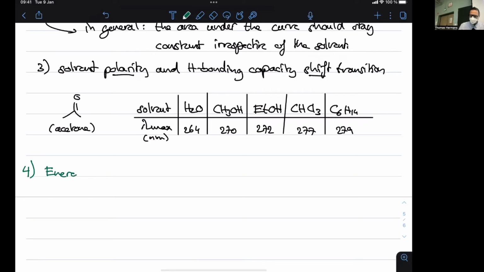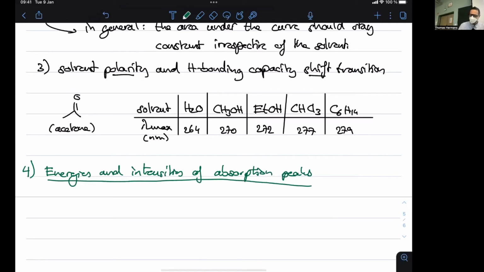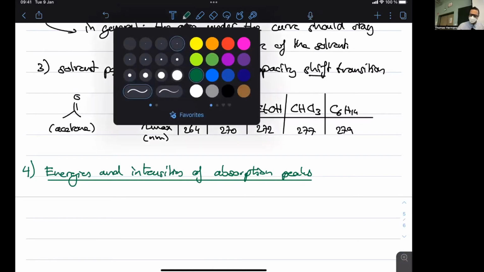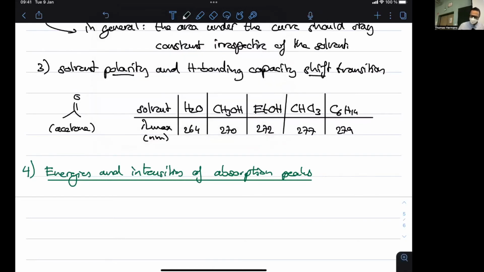So we'll talk about the energies and intensities of absorption peaks. So for alkanes, we are mostly looking at sigma to sigma star.